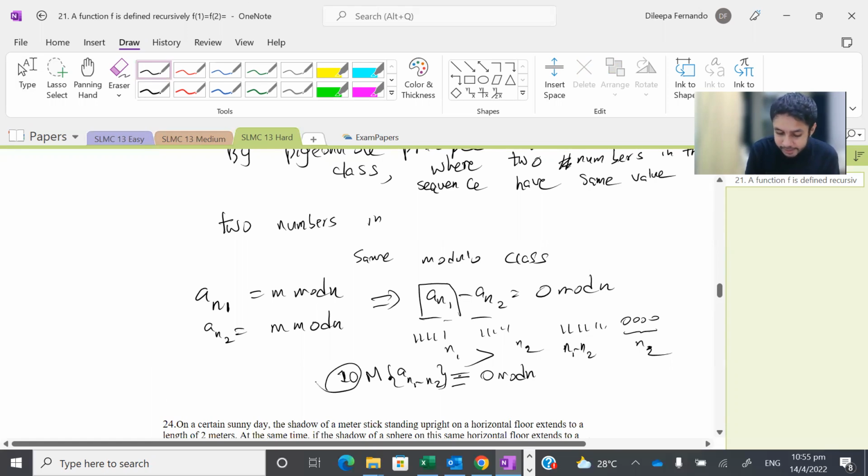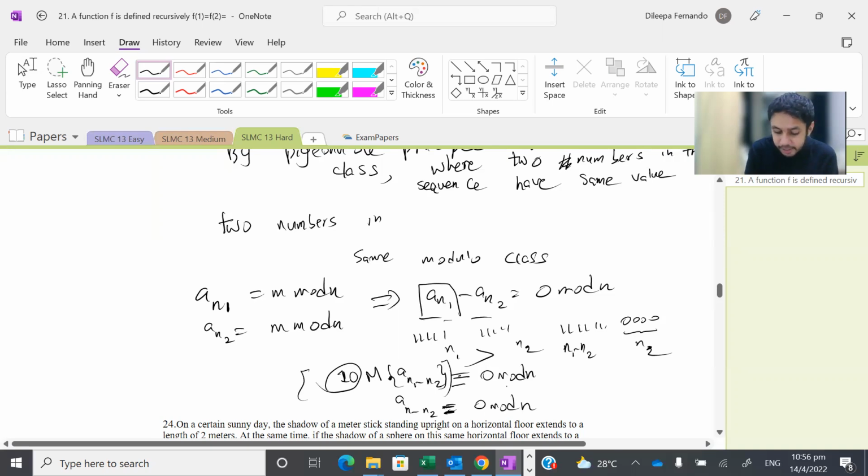So when n is not a multiple of 10, this means the sequence value should be a multiple of n.